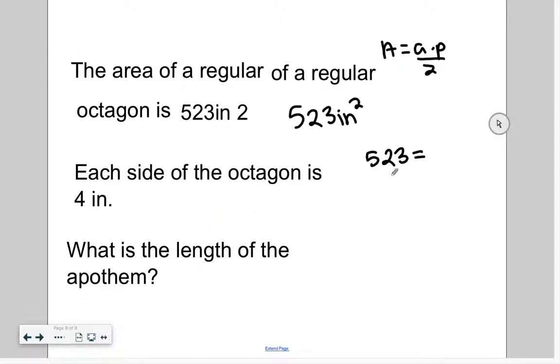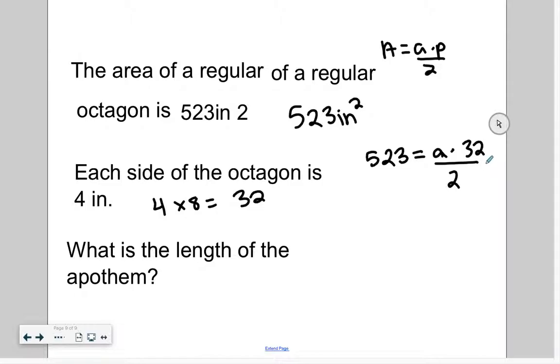The apothem is what we're trying to find, so we're going to leave that as A. So we have enough information here to determine the perimeter of that figure. Each side of that octagon is 4 inches. Well, an octagon has 8 sides. So that means the perimeter has to be 32 inches. So A times 32 divided by 2.